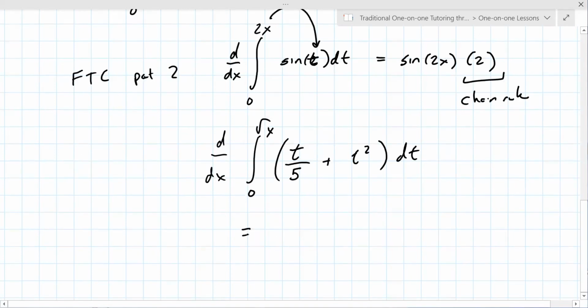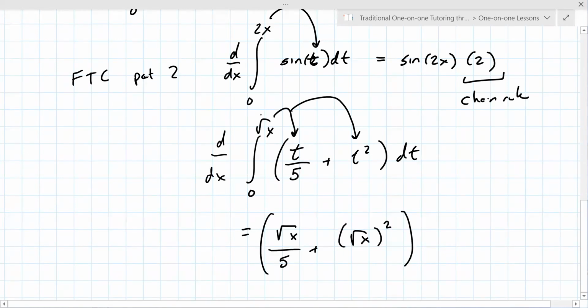The solution is you take this and put it in for t, so it's the square root of x over 5 plus square root of x squared. But then you multiply by the derivative of this. Oh, it's the derivative of that. Okay. So that's why it's by 2. This is the shorthand of it.